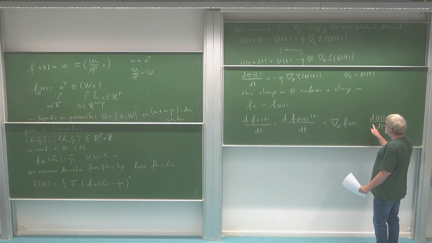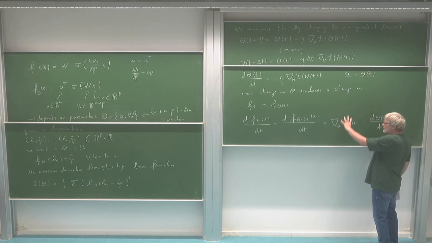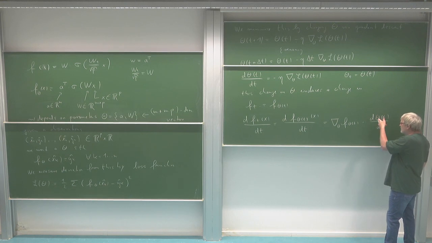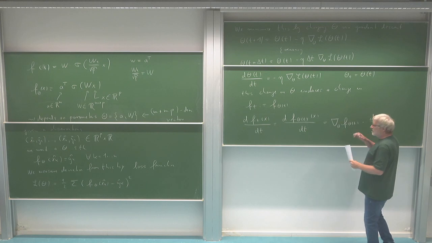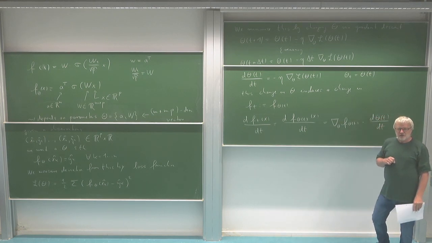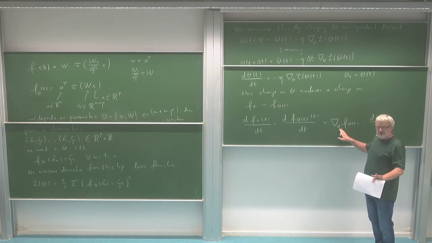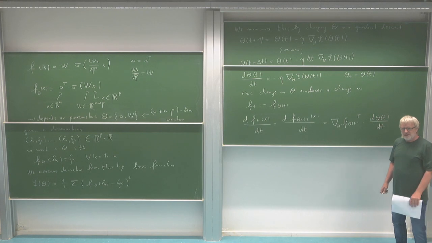And of course, this is an inner product, I mean, a chain rule. This is the vector consisting of partial derivatives with respect to one of the thetas, multiplied with the derivative of the corresponding theta with respect to t. So this is an inner product, and if I write all my vectors as column vectors, then the gradient should also be a column vector, and to have an inner product I should take the transpose.